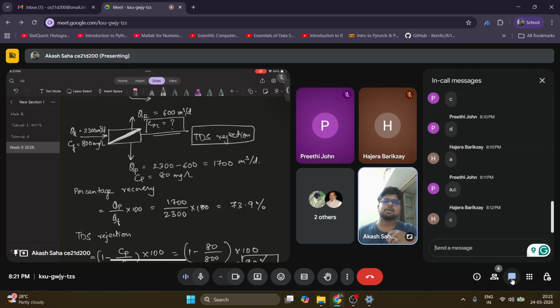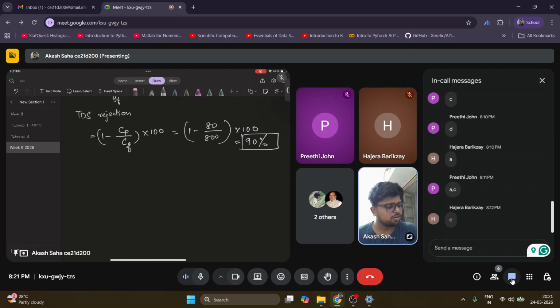So right, do the mass flow. Just don't make the mistake of writing it as 800 minus 80. Okay, 800 minus 80 will not give you the answer. Generally the CR is very high. The reject concentration will be very high. So if we do the mass balance, QF into CF will be equal to QP into CP plus QR into CR.